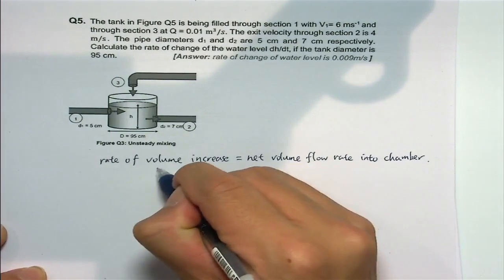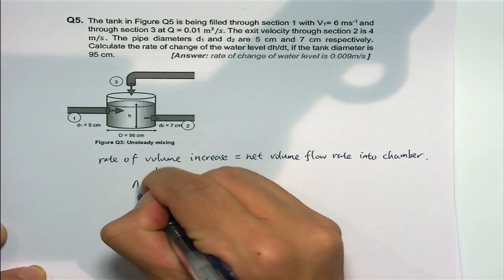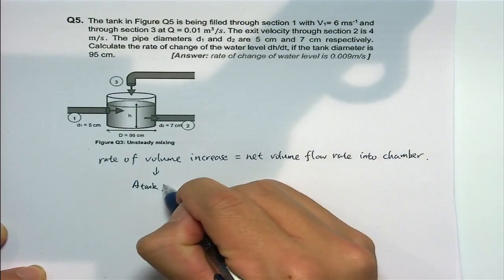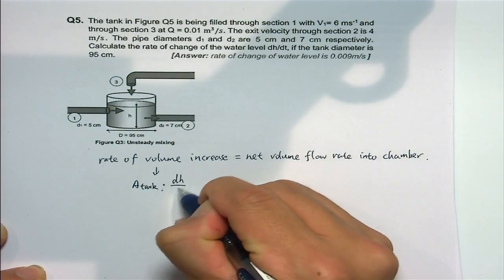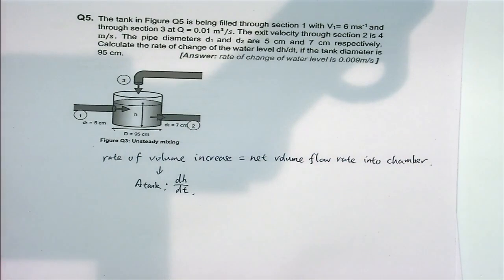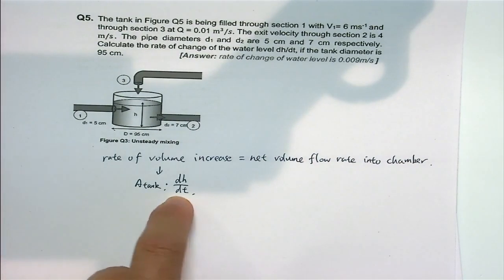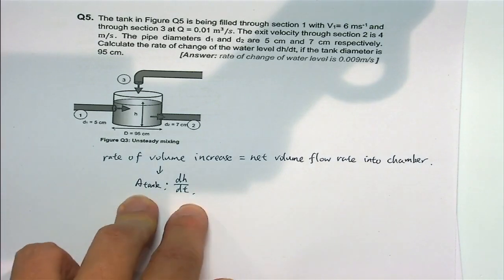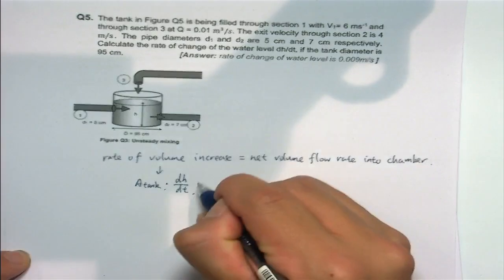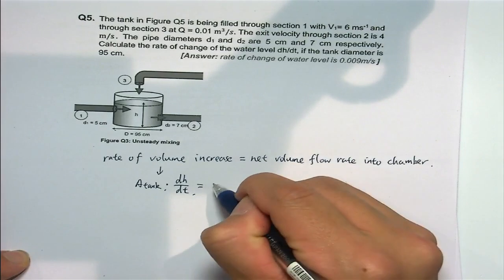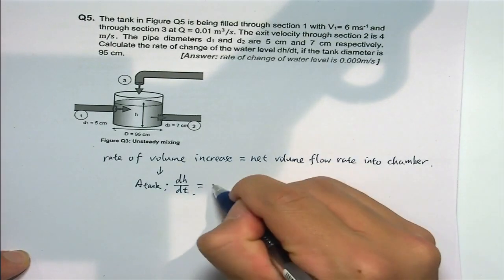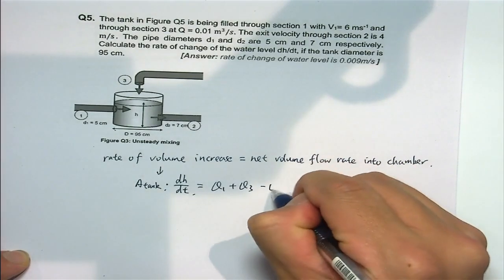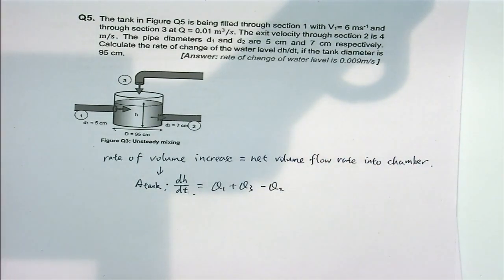So the rate of volume increase is equal to A tank, which is the area, multiplied by dH over dt. It is what we want to solve. And that is the volume increase, which is equal to the volume into the tank, Q1 plus Q3, minus the volume going out of the tank, Q2.